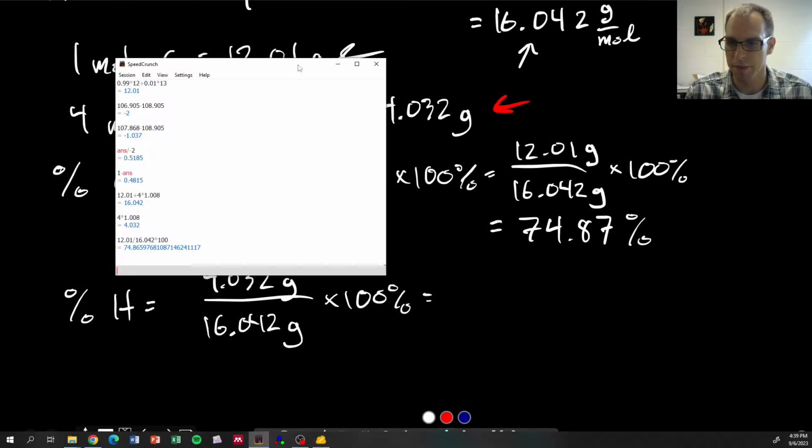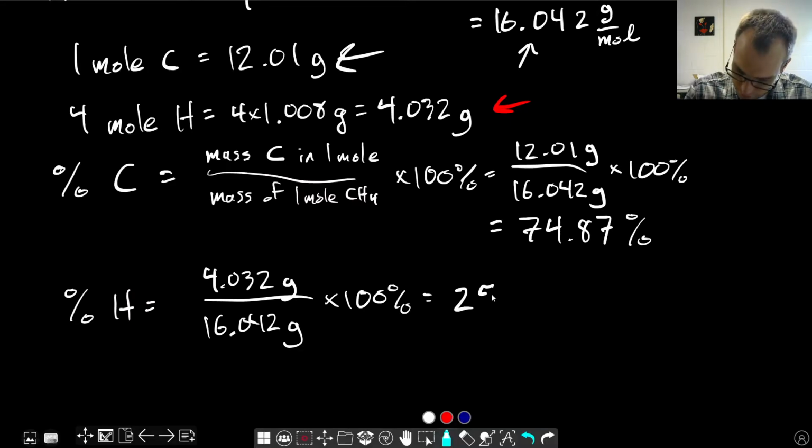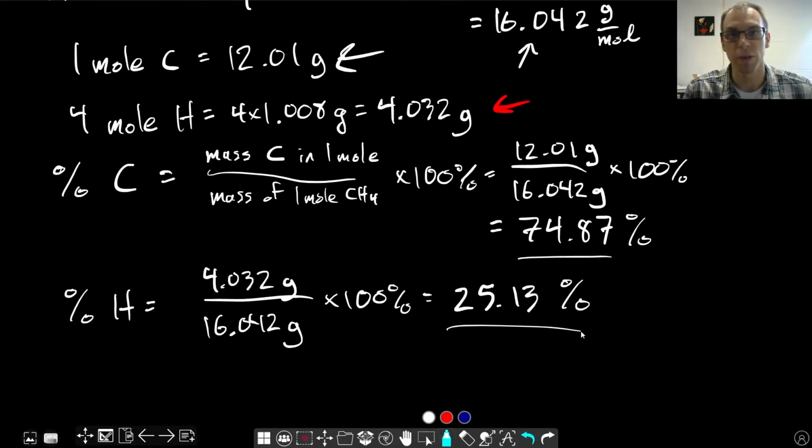Put that into our calculator. 4.032 divided by 16.042 times 100, and we get 25.13. You can double check this, but if you add together 74.87 and 25.13%, that adds up to 100%.